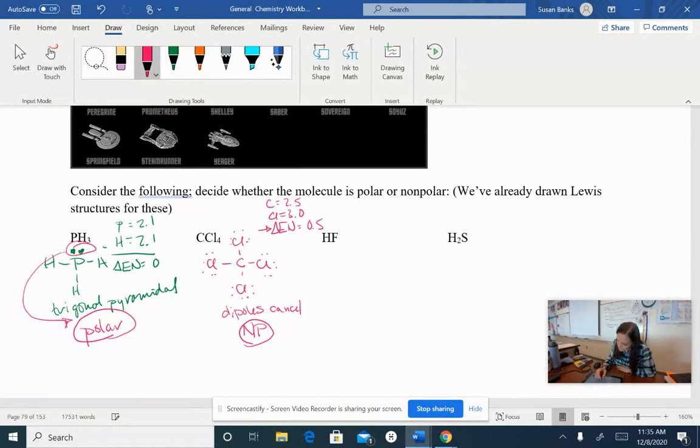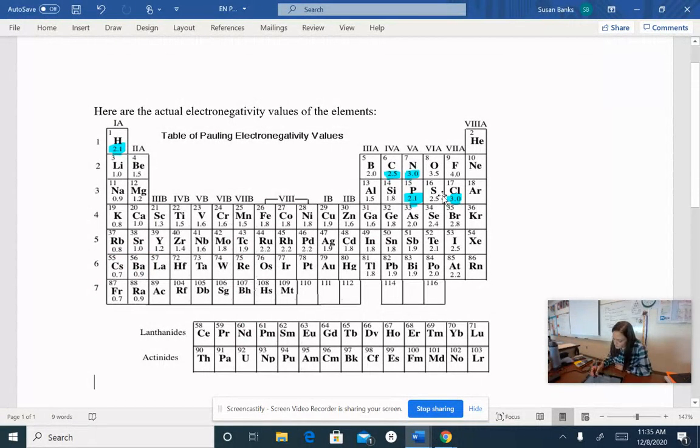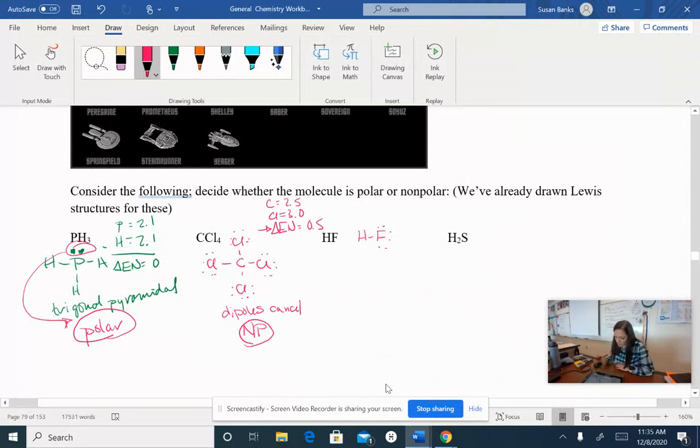Hydrogen fluoride. We have HF, and let's look at our electronegativity. So hydrogen, we looked up before, it's 2.1. Fluorine, let's look at fluorine. Fluorine is 4.0. It's the highest there is on the table. So hydrogen, 2.1, fluorine is 4.0.